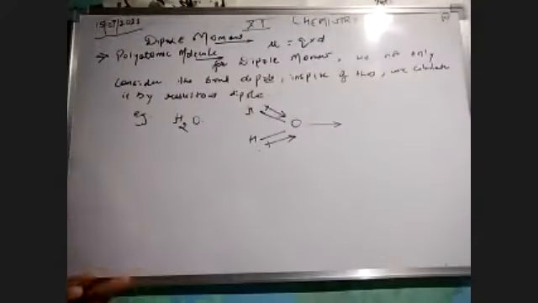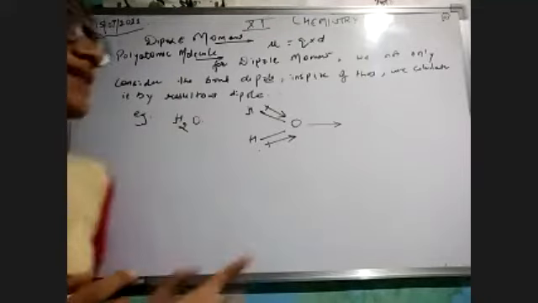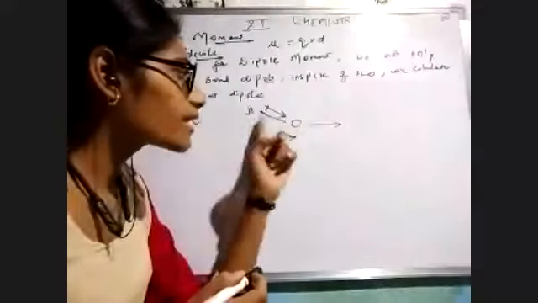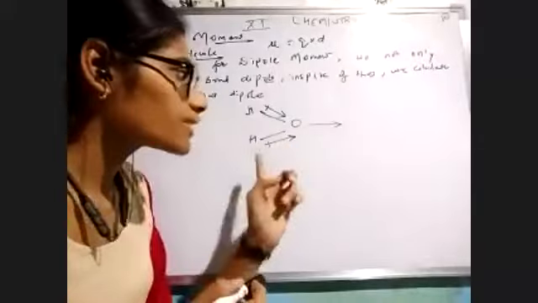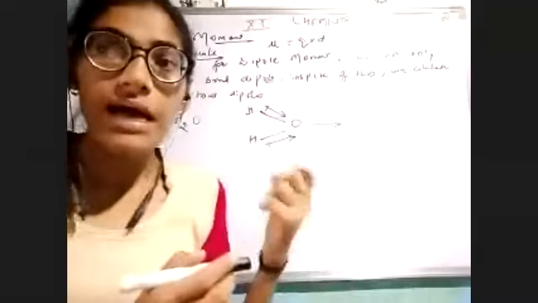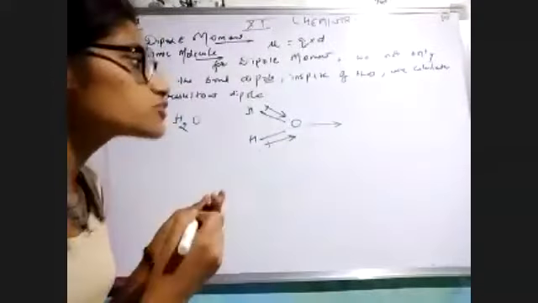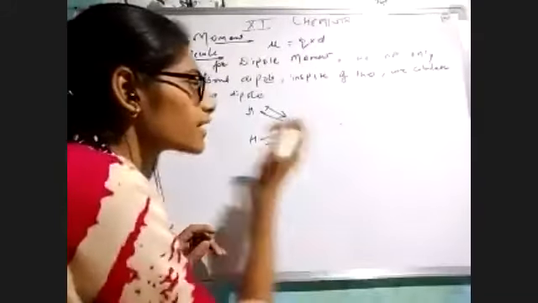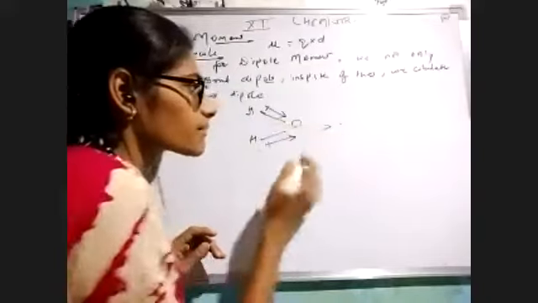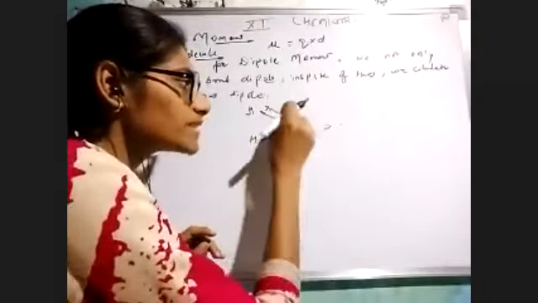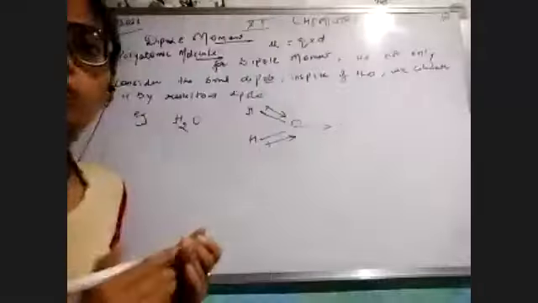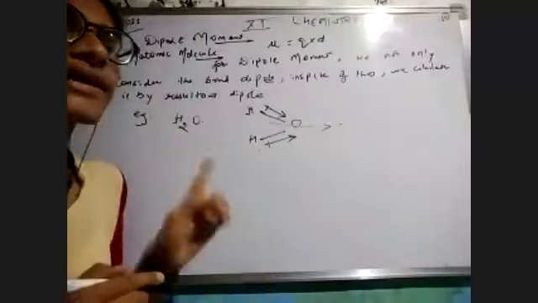It is like the physics concept known as a vector quantity. You must have heard about this. Whenever two different vectors are aligned in the same direction, their resultant would also be in the same direction, and this would be over here. That means the sum of these two is in this direction. So dipole moment is a vector quantity, definitely yes.